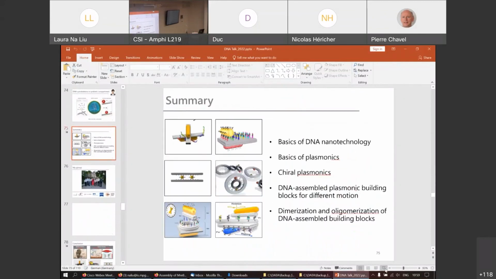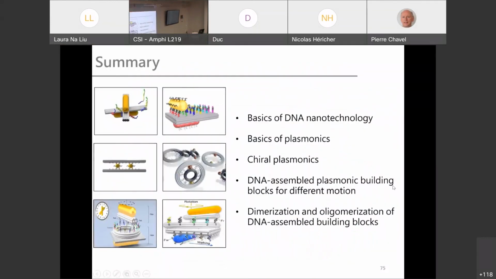So in this talk, I tried to cover some basics of DNA nanotechnology, the basics of plasmonics, and then I also showed you how to understand the chiral plasmonics by using the cross-finger configuration as an example. Then I talked about the example of rotation, and then the walking. I did not have time to cover the sliding motion, but maybe in the future, we could also have other opportunities to talk about more ideas and concepts.